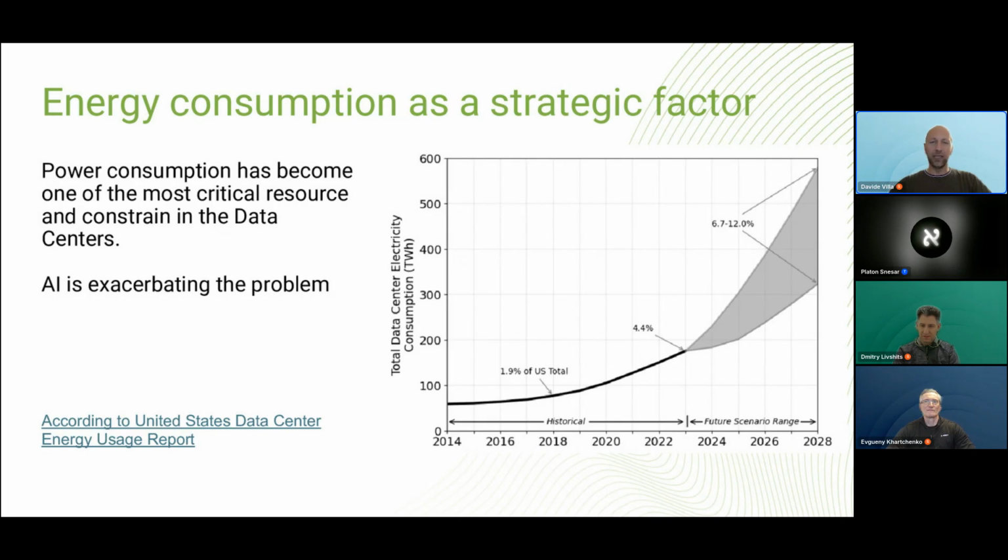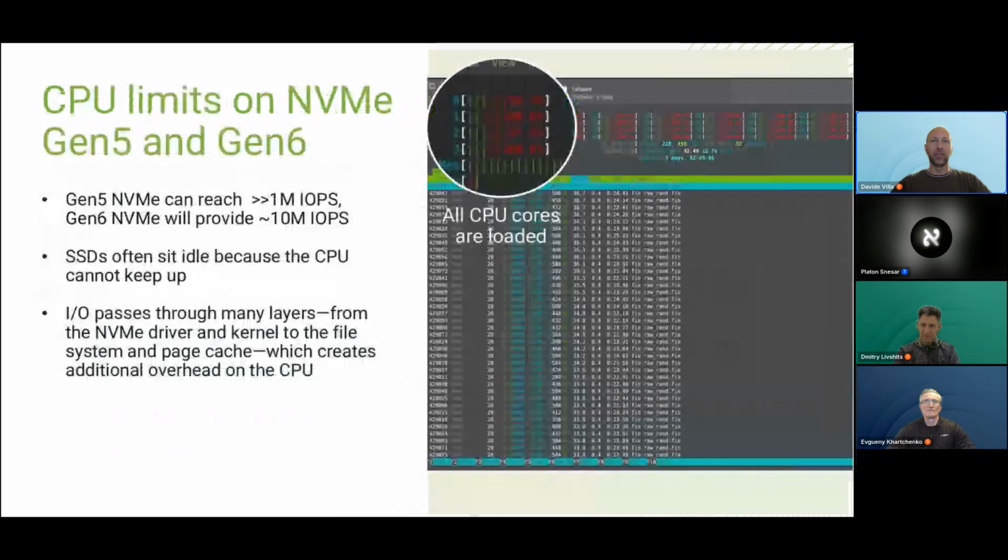So system administrators need to think about how they can optimize power efficiency, not just on the compute side, but also on the storage side. If we look at the storage, with the advent of high performance PCIe NVMe Generation 5, you can get 1 million IOPS from a single drive today.